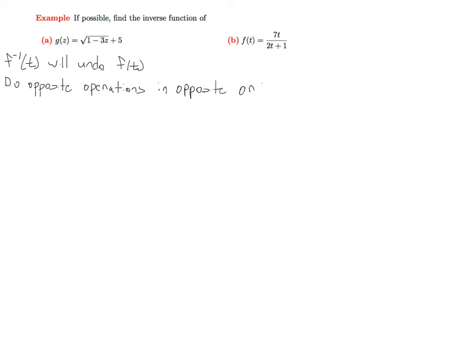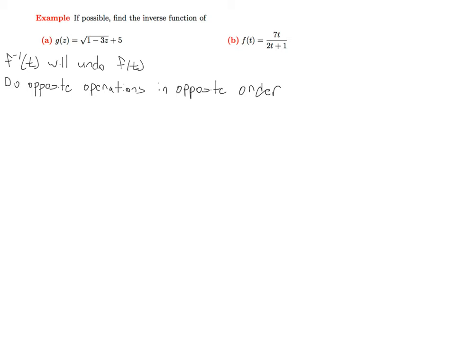And looking at the form of the function f of t, maybe it's not so clear what sequence of operations we've done to t in order to get f. At least it's not apparent in the way that this is written.